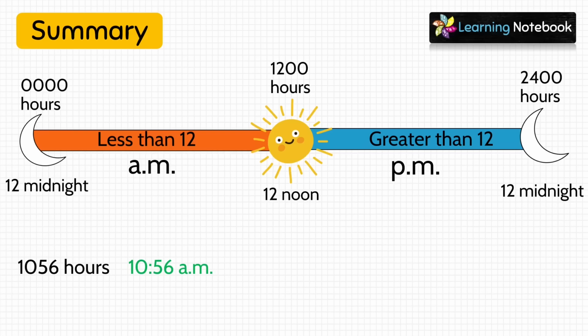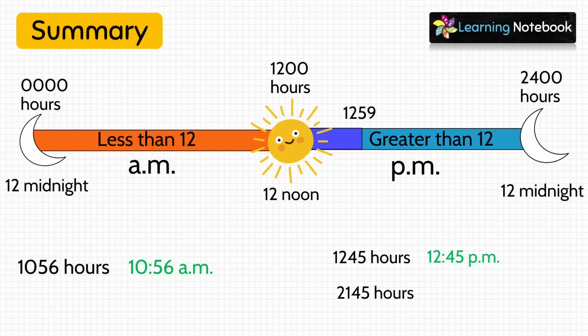But if the hours is 13 or more, then we will also do subtraction to find number of hours. For example, 1245 hours will be written as 12:45 p.m.